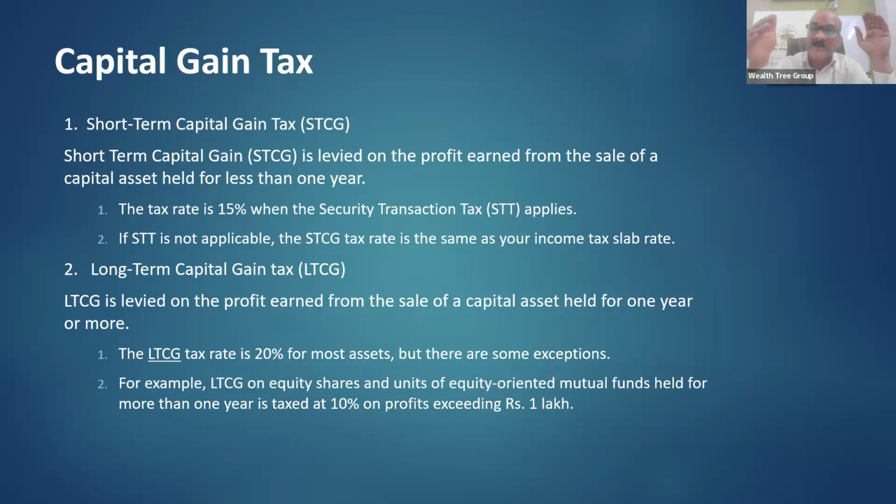And whatever loss you make, not everybody makes a profit, isn't it? So obviously some people make a loss also. That loss can be carried forward to the next year, where if you make a profit, you can adjust this loss against that profit, especially in the case of stock markets. That is one option available.